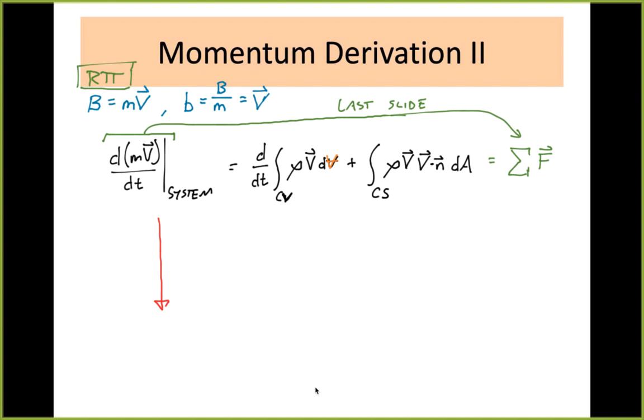So, time for the mathemagic part. Common things that we have done to make these problems tractable, at least for now. Steady flow, meaning the d/dt terms are 0. That should look and sound familiar. That's what we did for the energy equation. We're going to have a constant density, which means incompressible, right?